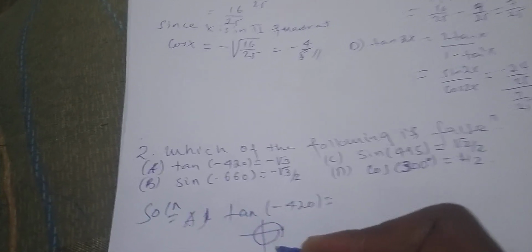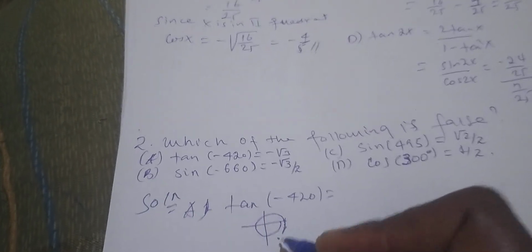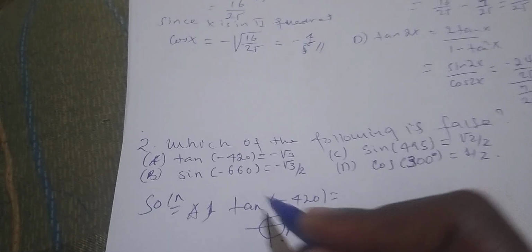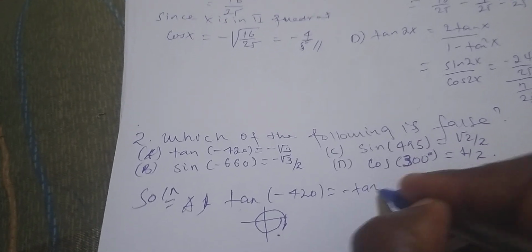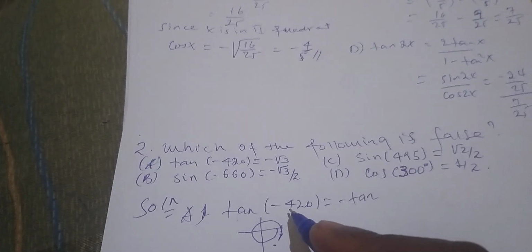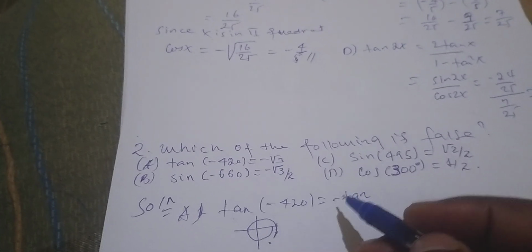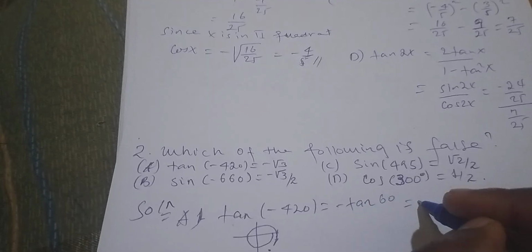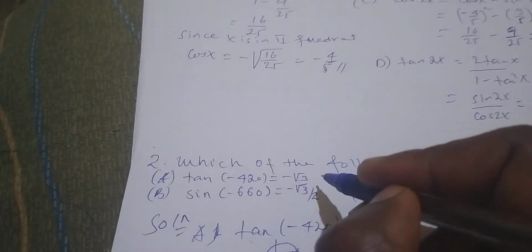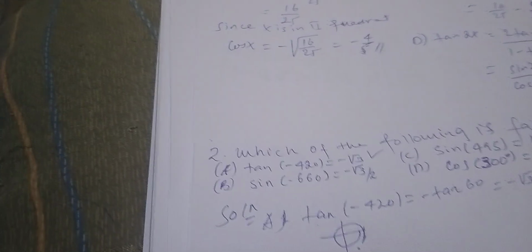In the fourth quadrant, tan is negative. So this is minus tan of the related angle, tan of 60 degrees. This is equal to minus root 3. So A is true.